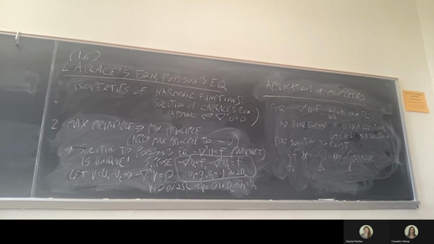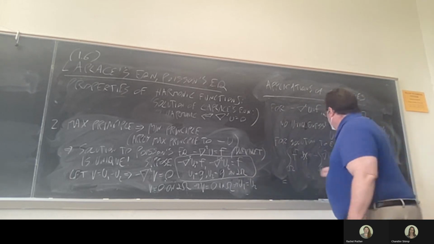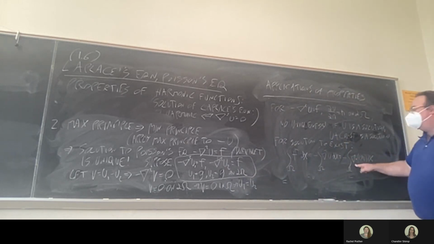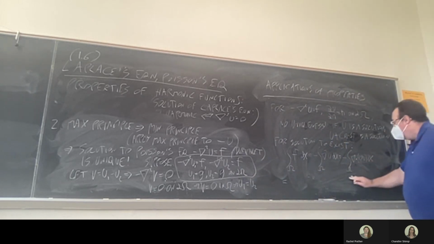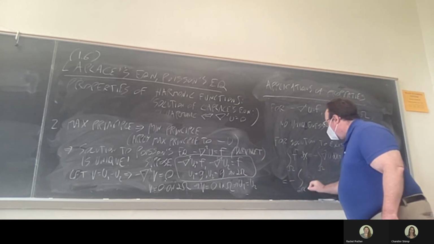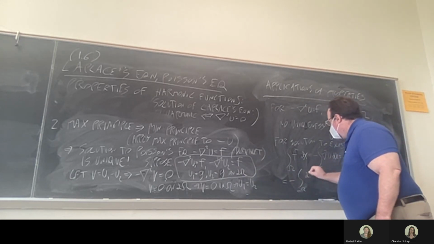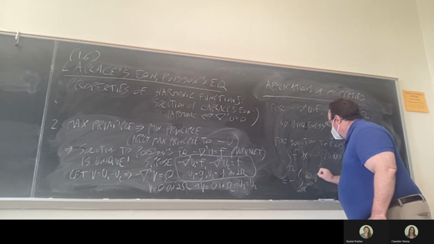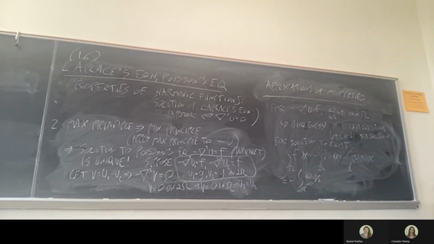So, anytime you have the integral of a divergence of a function, you can apply the Gauss divergence theorem, which states that the integral of a divergence in the interior is equal to the integral over the boundary of the normal derivative.